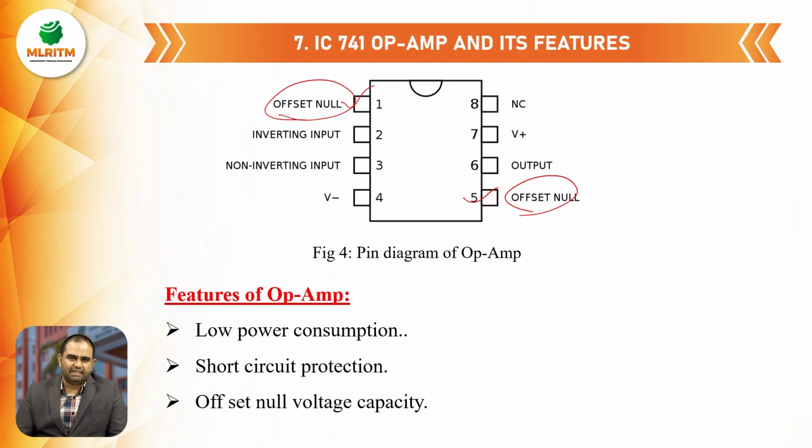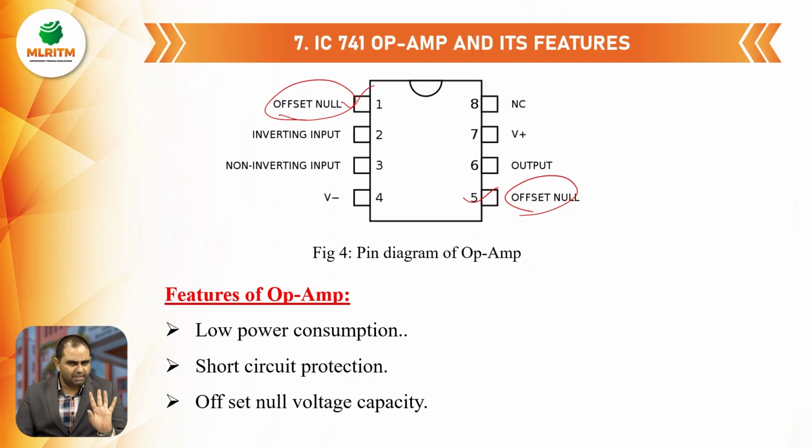Offset values will generally be there. If we are experimenting with electronic devices, sometimes we will get offset values. Offset values means, let us assume an electronic device where we are not applying any input. In that case, we should get zero output.